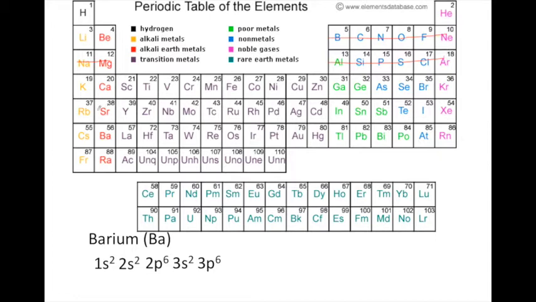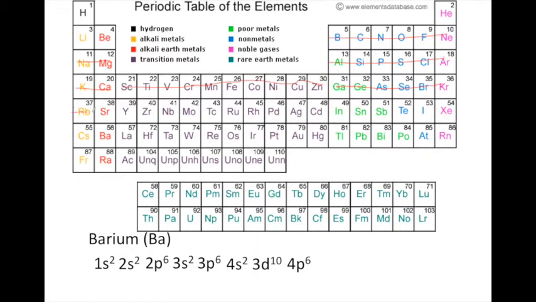After 3p6, we come over and fill up 4s with 2 electrons. After 4s, now we enter the d block, and so we're filling up the 3d. We can fit a total of 10 electrons into the d orbitals, since there are 5 d orbitals. So 3d10. Now we go back to 4p, 4p6.